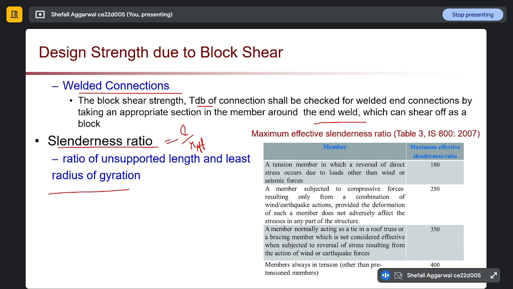So depending on what type of member we have, slenderness ratio will change. For example, if we say tension member in which a reversal of direct stress occurs due to load other than wind or seismic, in that case we are taking our ratio as 180. Depending on the type of loading and type of member, our slenderness ratio will change.